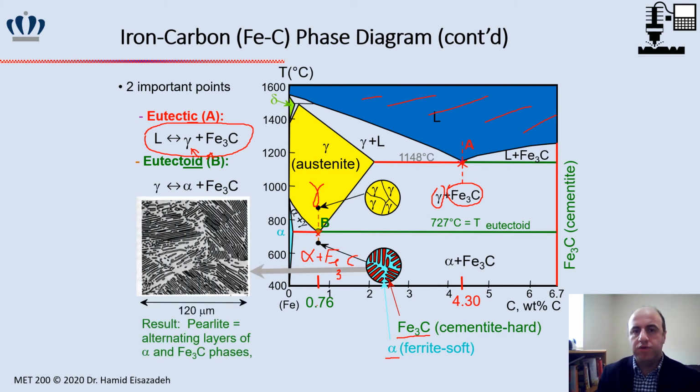If you look at this microstructure under a microscope, we see a similar type of picture. It's very small, 120 micrometers. And this combination, sometimes they call pearlite, alternating layers of alpha and cementite phase. They are not one phase, they are separate.